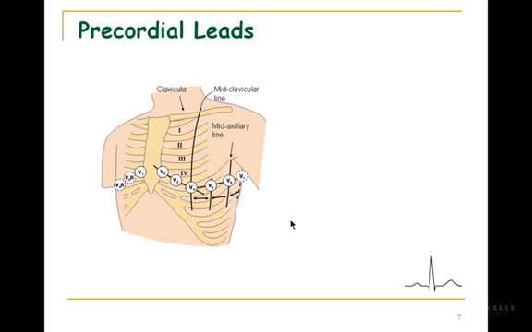People go to school to be able to know exactly where these must be placed. Okay? Well, the precordial leads are different from the standard limb leads or the augmented leads in that these are measuring on the transverse plane. Okay, so they're looking at the heart a little bit differently.